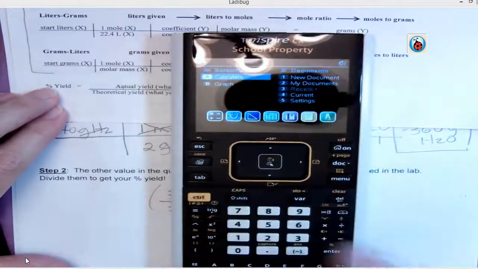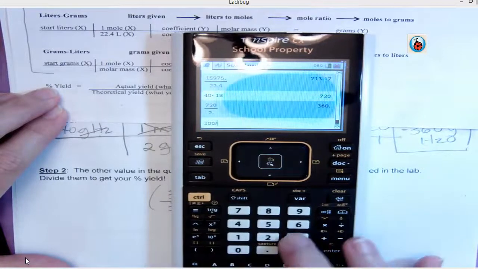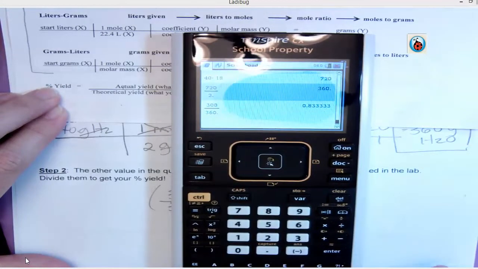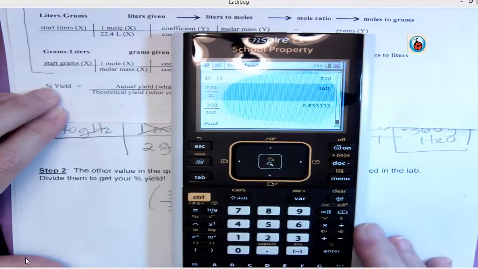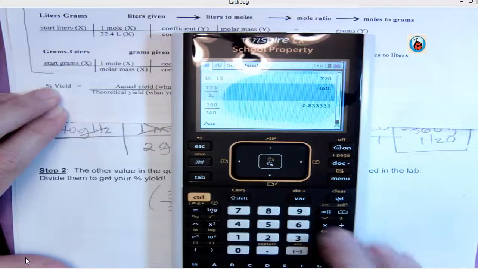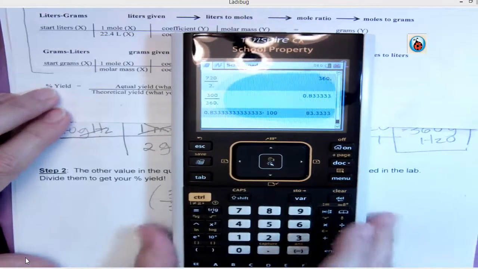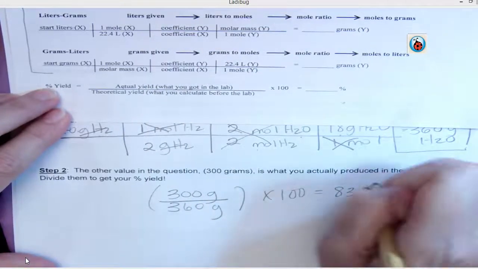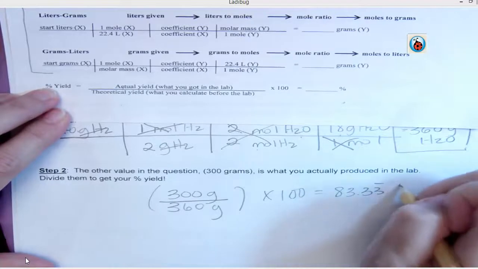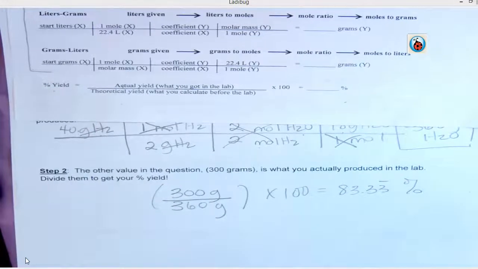So we've got 300 divided by 360 times 100. Oops, I didn't put in times, did I? Delete. Times 100. And there we go, 83.33. 33 what? Percent. That's how well you performed your experiment.